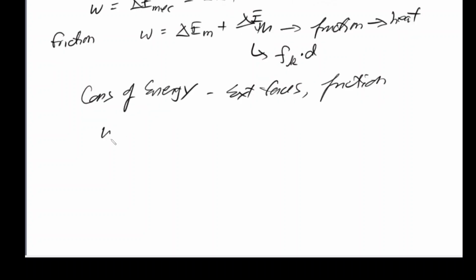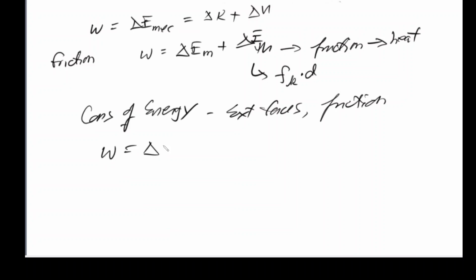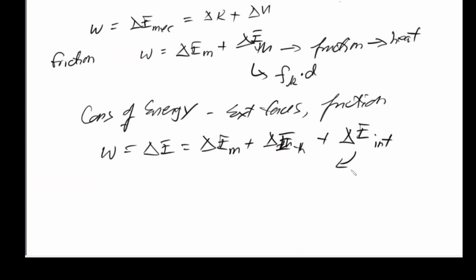In this case, the work done is equal to the change in the total energy, which is equal to the change in the mechanical energy plus the change in the thermal energy plus the change in internal energy, which will be any change in the system due to other forces.